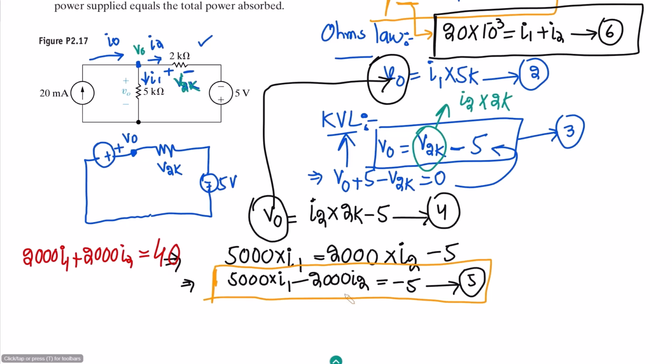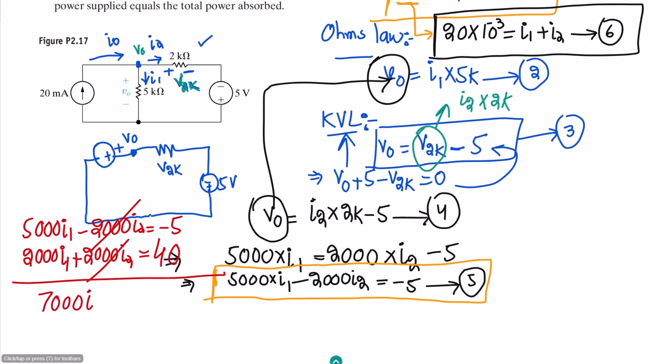Again we have this equation, so let me write it here as well. It will be 5000 I1 minus 2000 I2 equal to minus 5. Let me add both of these equations. Adding them together, these two will cancel out, and here we will get 7000 I1 equal to 35.